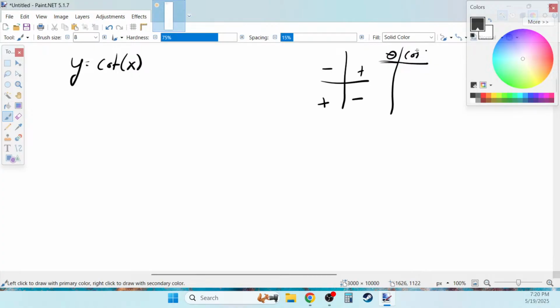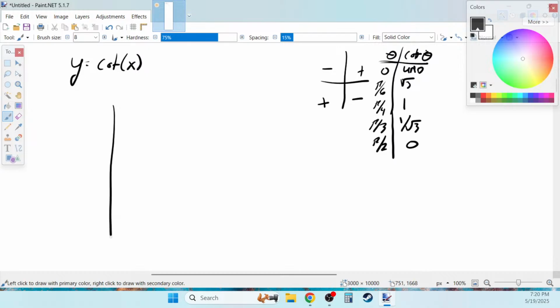So theta, we have an angle of 0, an angle of pi over 6, angle of pi over 4, pi over 3, pi over 2. And the special angle values are going to be defined: infinity, square root of 3, 1, 1 over the square root of 3, 0.